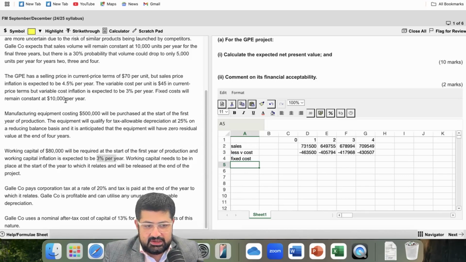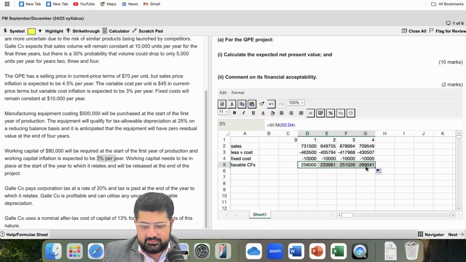Okay? $10,000 per year. That is negative 10,000. And here we are, it remains constant. Now, so here are the taxable cash flows. So taxable cash flows, the sum of all these.